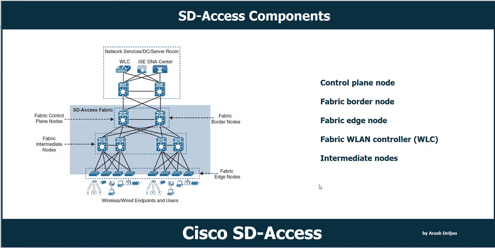A fabric edge first identifies and authenticates a wired endpoint through 802.1x. Let me explain: when one PC or one laptop connects to the edge node, first it should authenticate the PC with Cisco ISE. Don't forget the process happens with IEEE 802.1x.